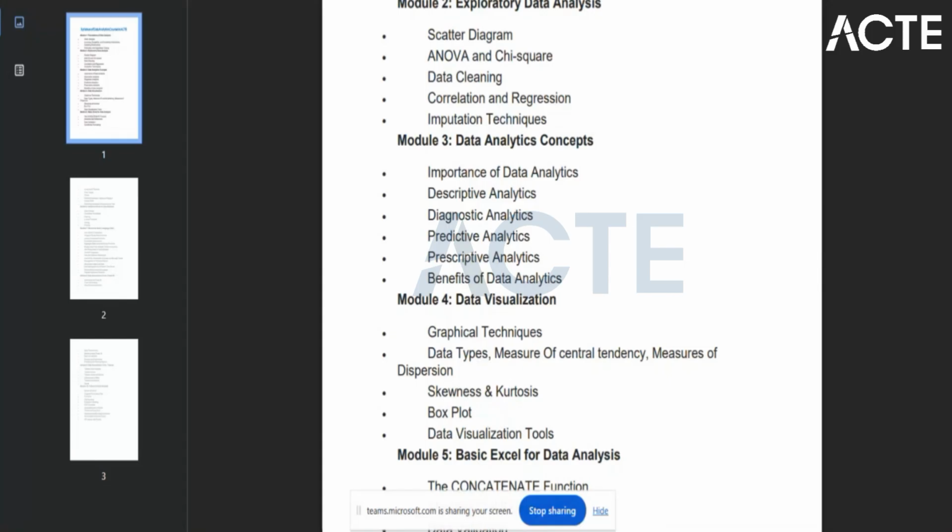Now diagnostic in the sense that if you want to diagnose something from the data, such as what the male-female ratio is, or what the different kinds of trends in the data are, all this comes under diagnostic analytics, right? Predictive analytics in the sense that if you want to predict the future using your current data, that becomes predictive analytics.